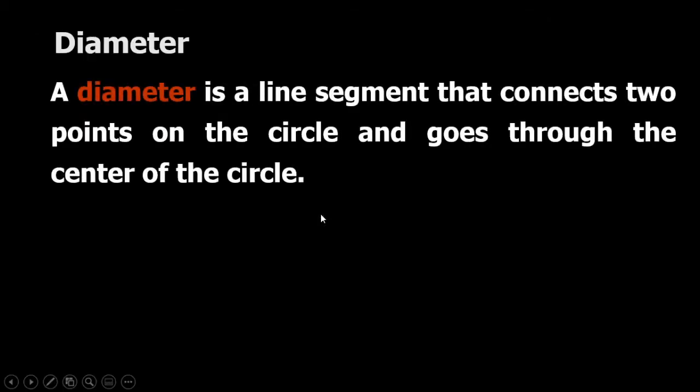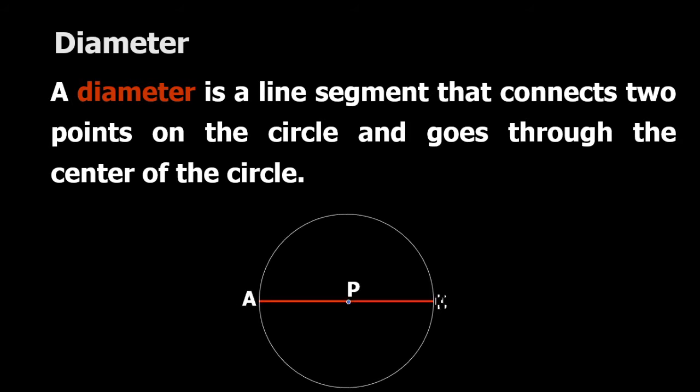Now we have the diameter. A diameter is a line segment that connects 2 points on the circle and goes through the center of the circle. Now if you will draw a line segment which will pass through the center and its endpoints are on the circle, then that line segment is called a diameter.